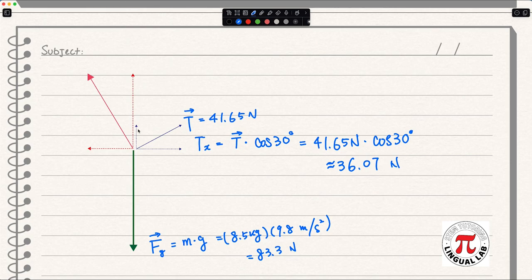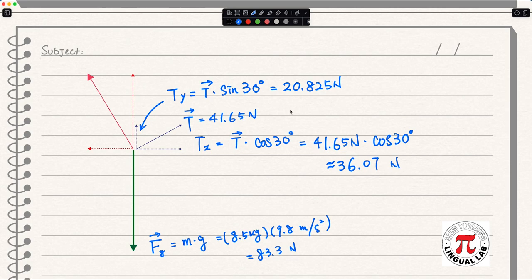And for this part, this is the y component. This one is the tension force y component. I can calculate tension force times sine 30 degree. That should be 20.825 Newton.